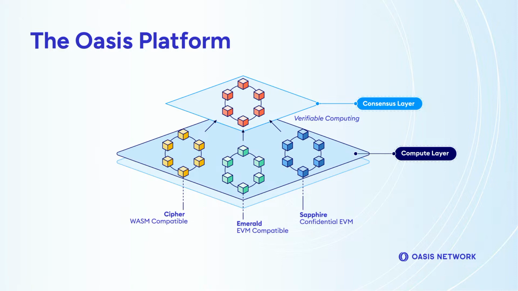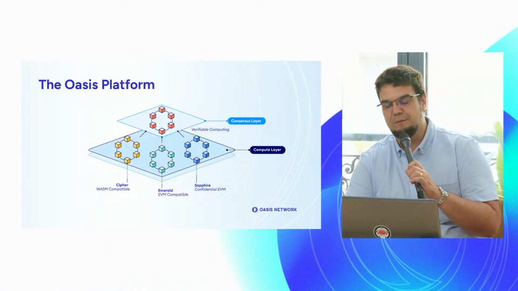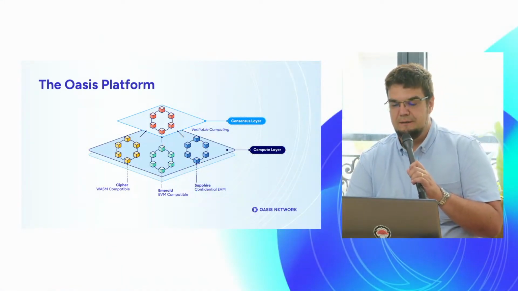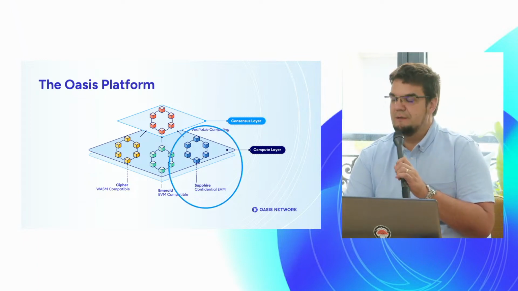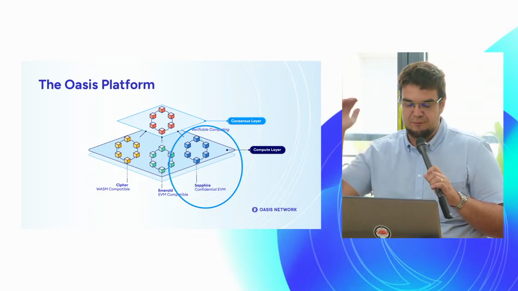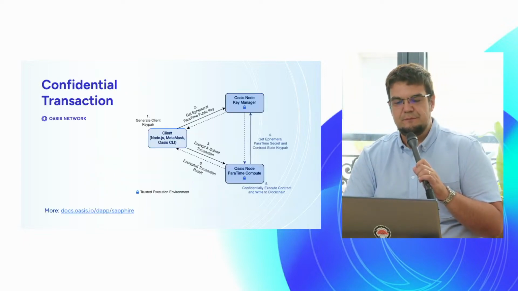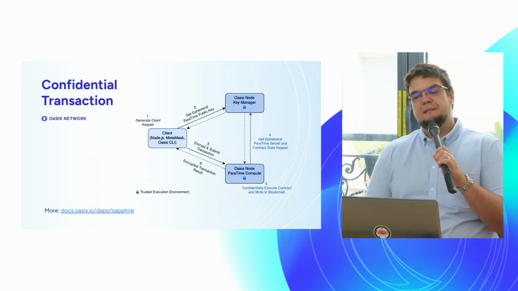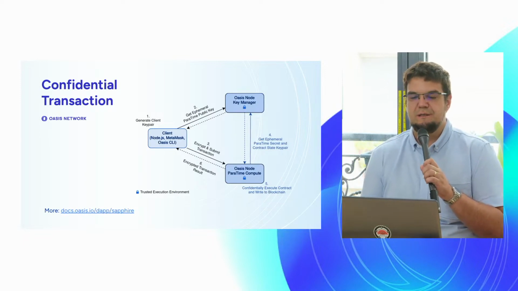Sapphire is the first confidential EVM, let's say 99% EVM compatible paratime currently. We'll focus on the Sapphire paratime today, because this is also the current bleeding edge technology that Oasis offers.